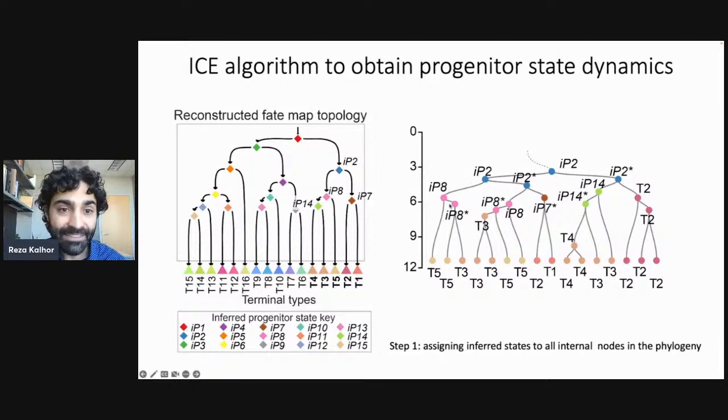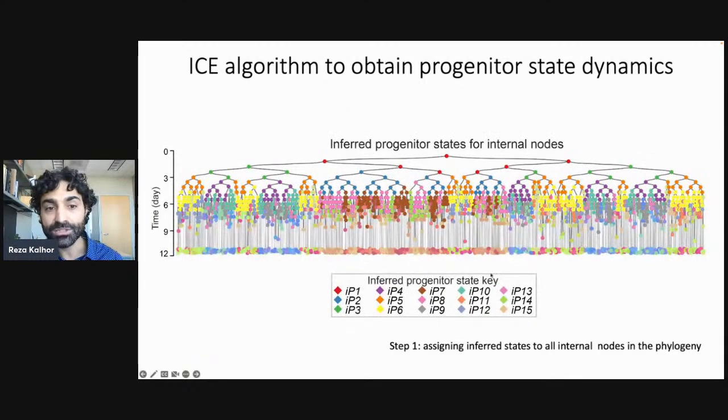For instance, if a node such as this one has given rise to T5 and T3 fates, when we look here, we see the only progenitor state capable of that is inferred progenitor state 8, and we can assign it its observed state. And we can do this for all of the nodes in the phylogenetic tree in greedy fashion. So the result looks something like this.